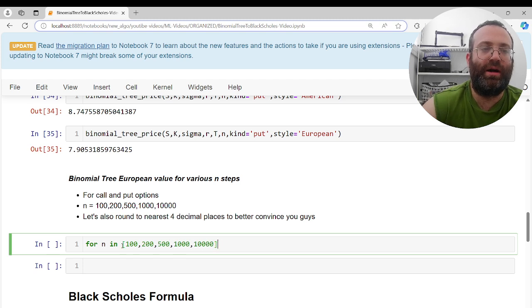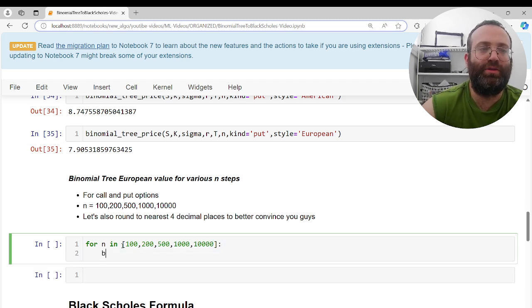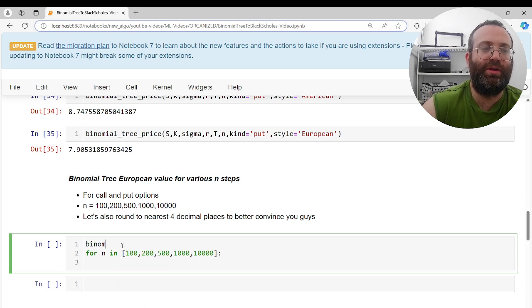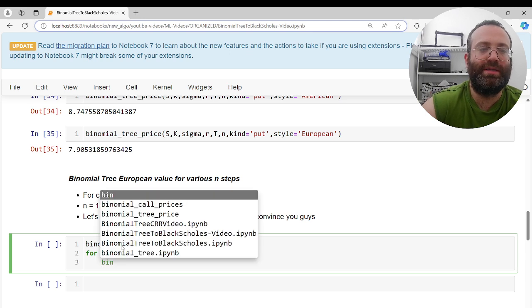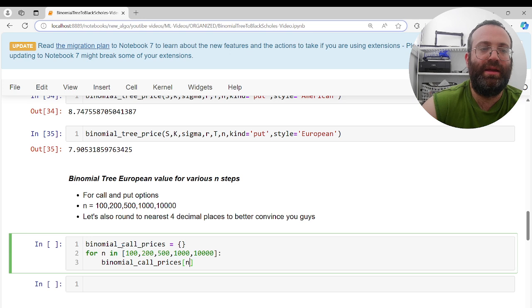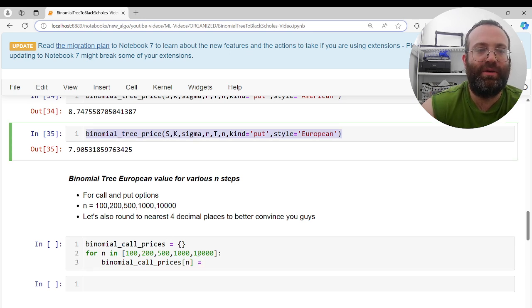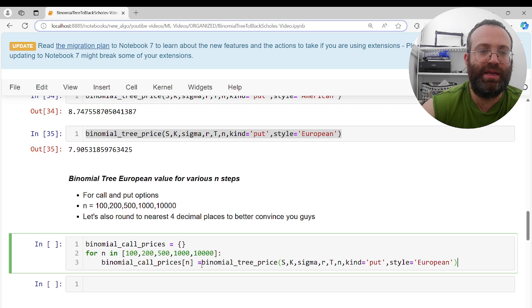I'll have a dictionary, binomial call prices, and binomial call prices of n equals the binomial tree price, always European, but the first case is going to be call, and what's going to vary is this n here. Okay, so this is the call prices.